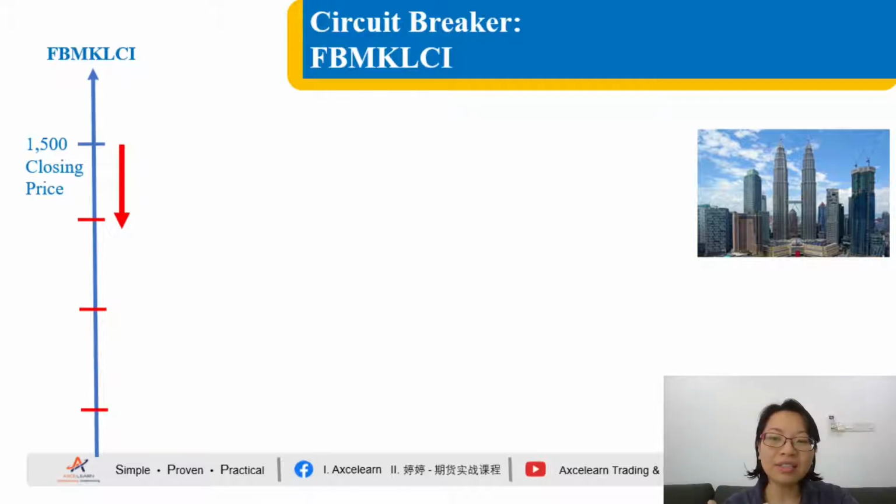Now, we are going to study the rules behind circuit breakers and also limit up and limit down. First, according to circuit breakers in Malaysia, the last time it happened is way back in 2008. I repeat, the last time it happened is way back in 2008.